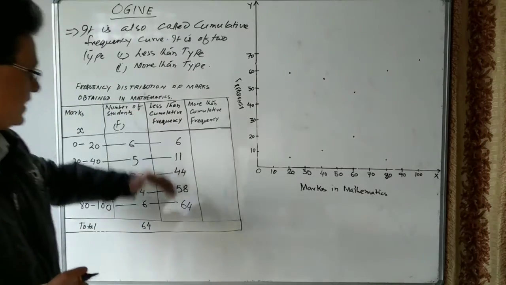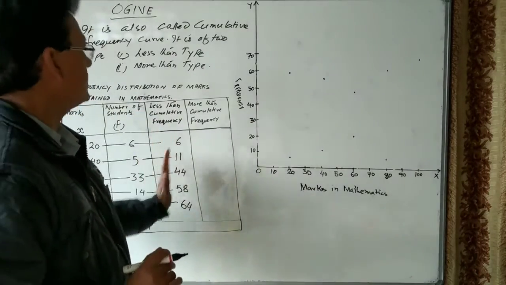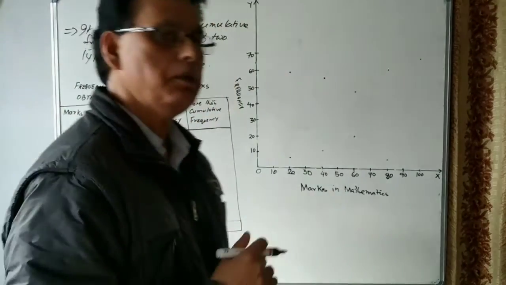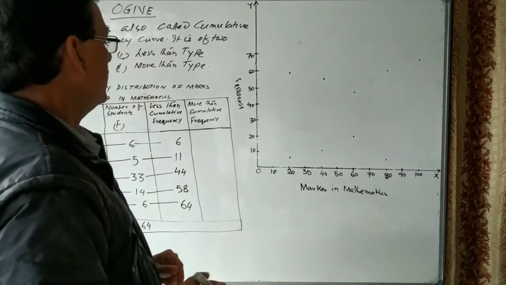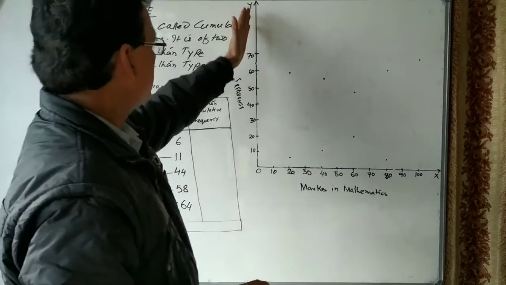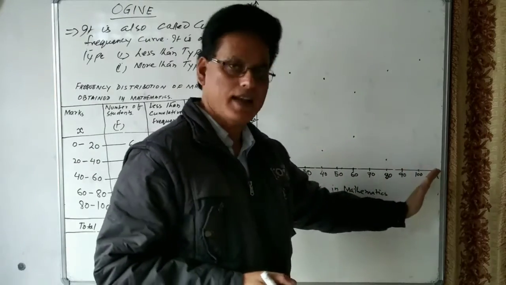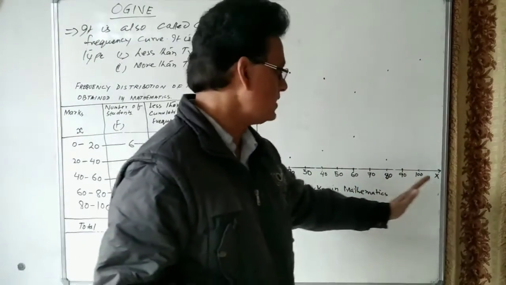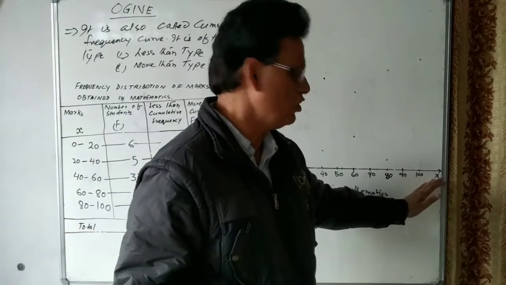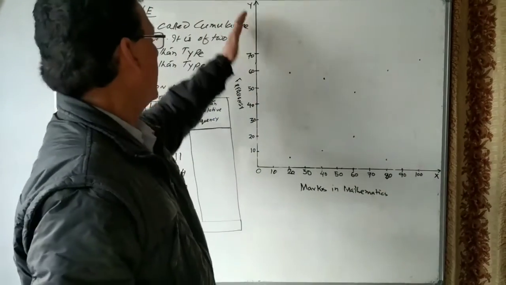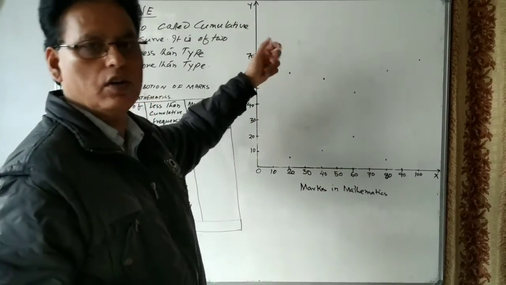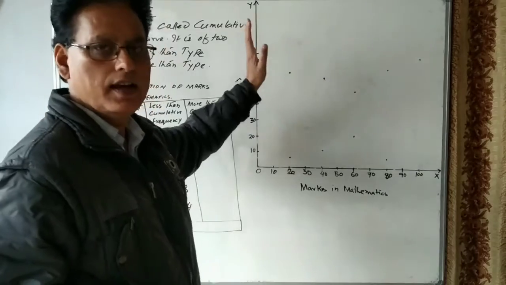So this is the less than cumulative frequency. We'll plot this less than on a graph paper. While we plot the less than on a graph paper, we'll take the cumulative frequency on the y-axis and the class intervals, or marks, on the x-axis. So marks are plotted on the horizontal axis and the cumulative frequencies are plotted on the vertical axis.